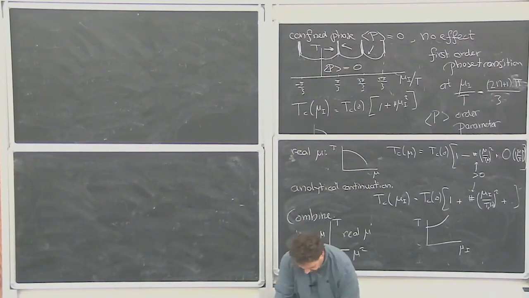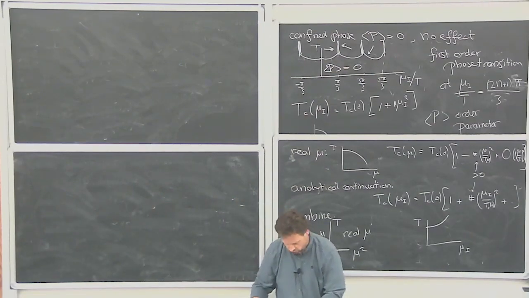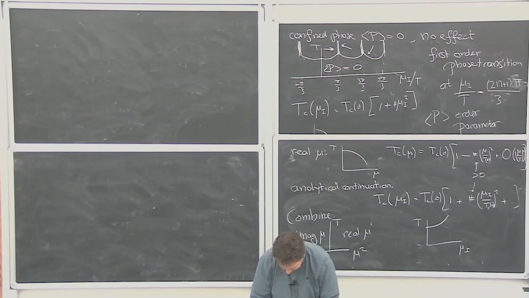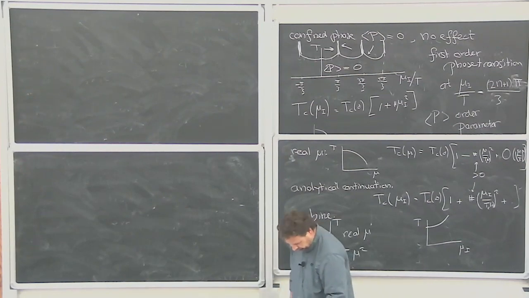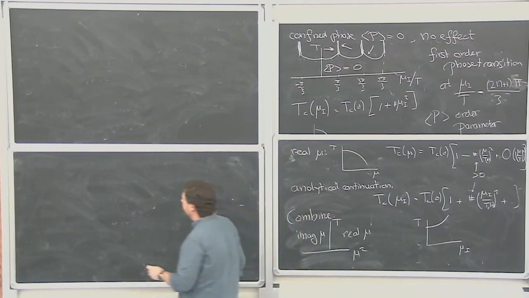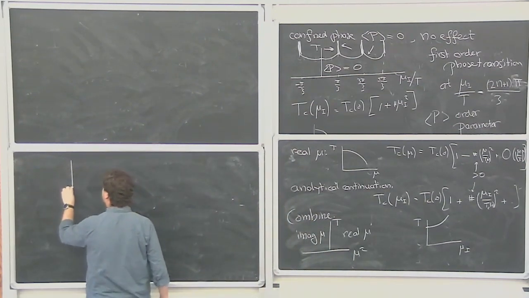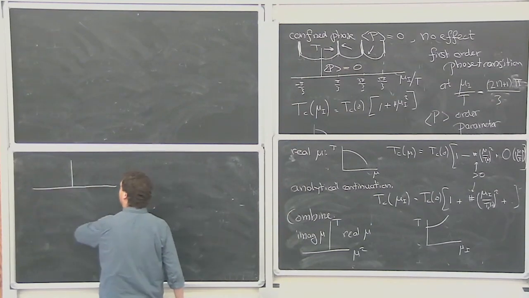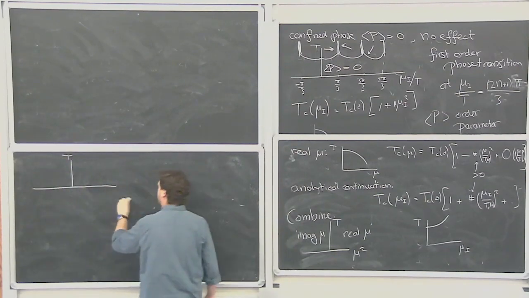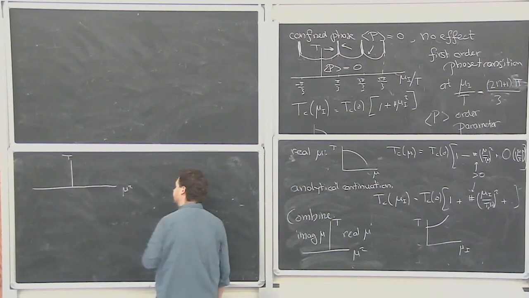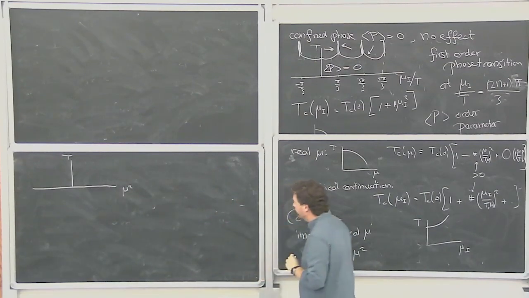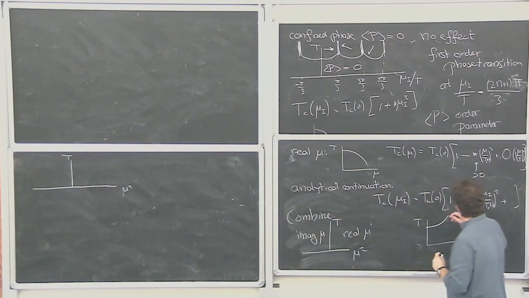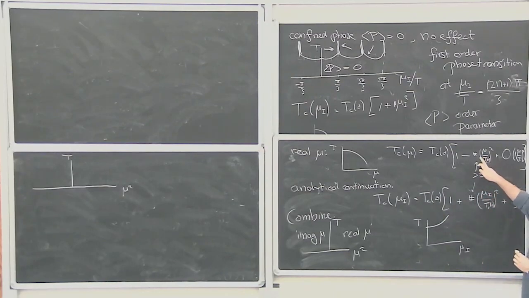So let's do that, T mu squared. So as a function of mu squared, the thermal transition is a function of mu squared for small mu.